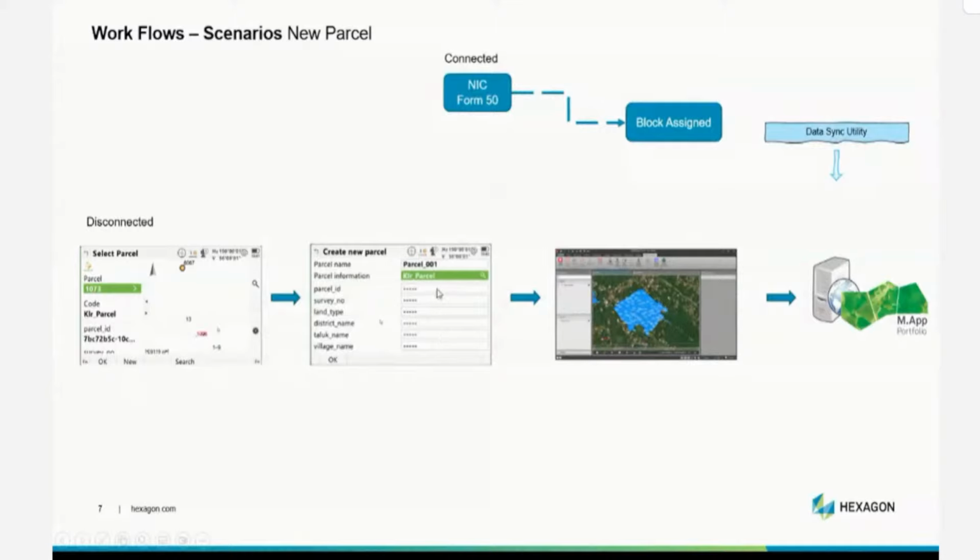Already I would have had the information that this is the block where the surveyor is, because I already know the previous parcel capturing and all those details are there. So I know that this block he already belongs to. So some of the data will be populated, or you can choose a block name and that will fill up all the data like district name, land name and all these things.